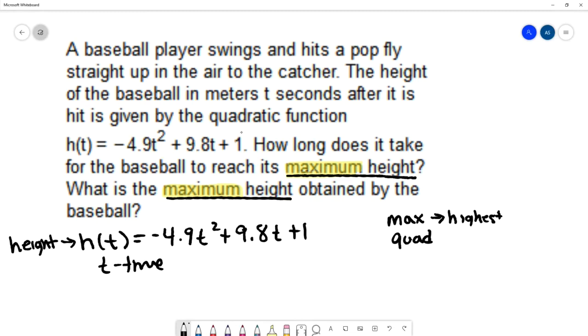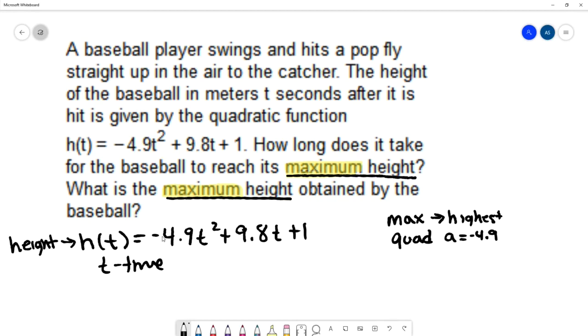We have a being negative 4.9. A is the leading coefficient, the coefficient on the squared term. And the reason why I'm calling that out is because when you know the coefficient, you know a sketch of the quadratic.